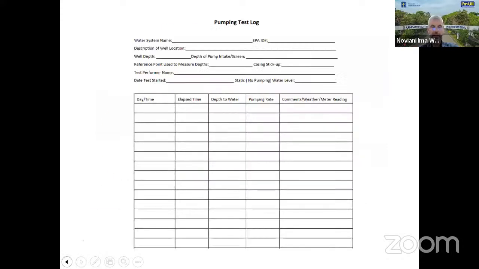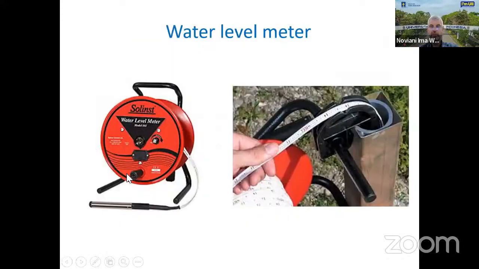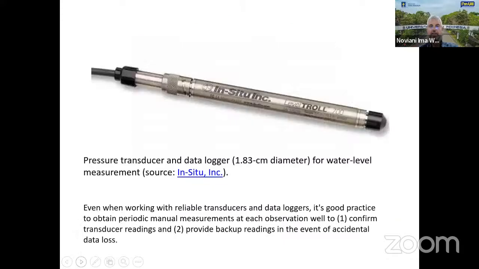Okay. I said this is one way to measure water level. A little bit more fancy, we can also do this automatically. And this thing is called a data logger. The data logger is a very fancy device. It is basically a little mini computer that measures temperature, time, and it measures the depth to the water.